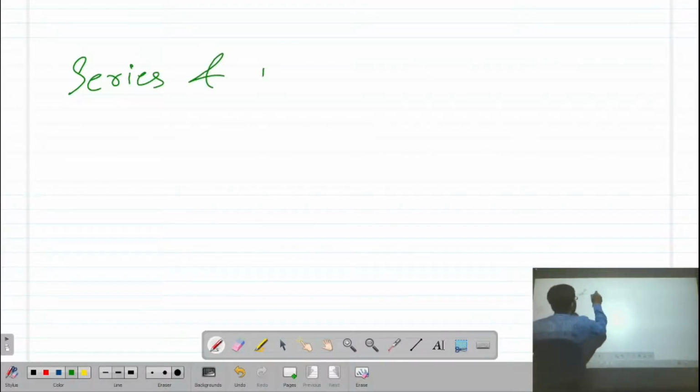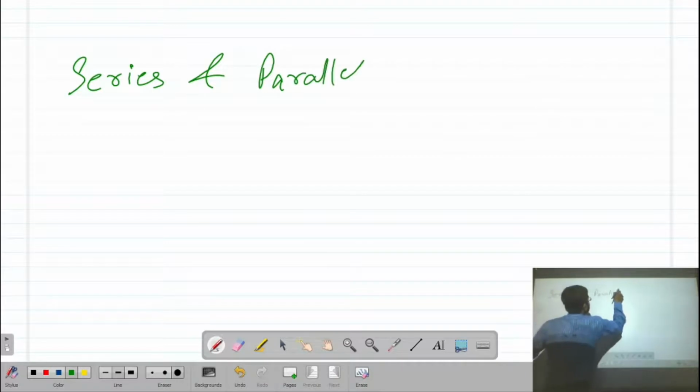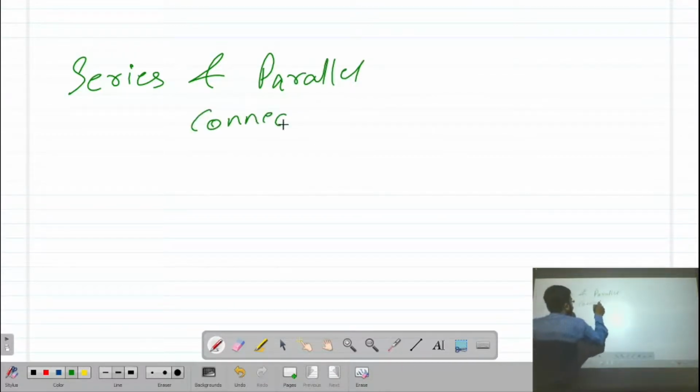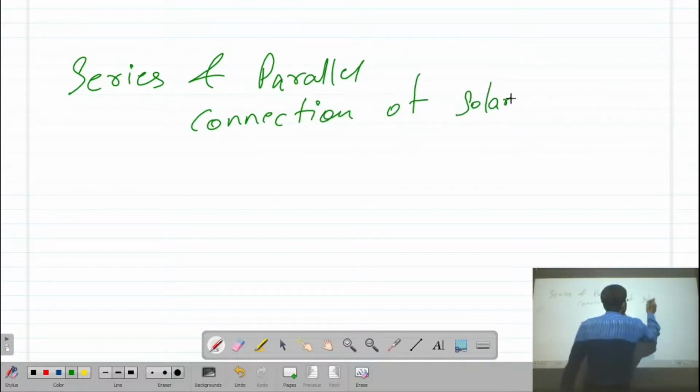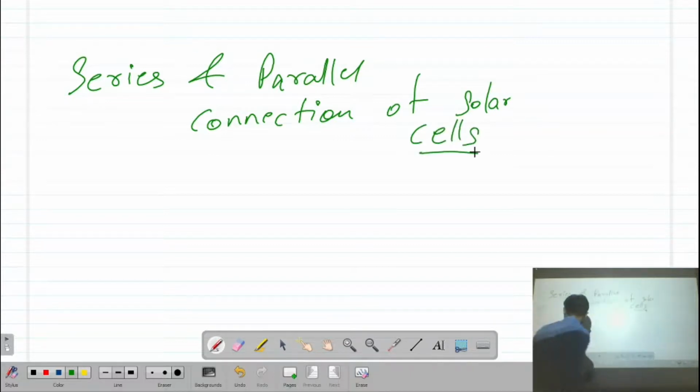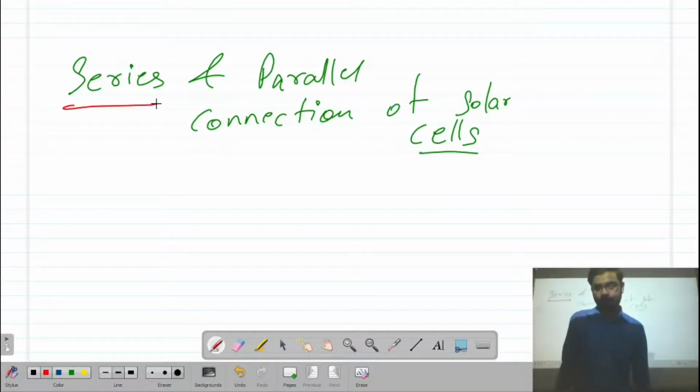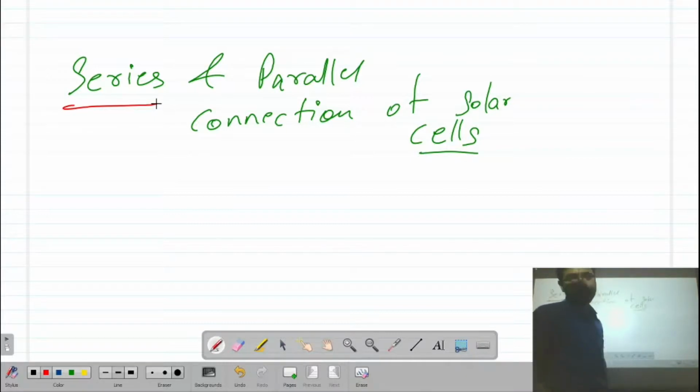Further, let us see the series and parallel connection of solar cells. First of all, let us start with the series connection, right? Let us take a diode symbol for a solar cell.